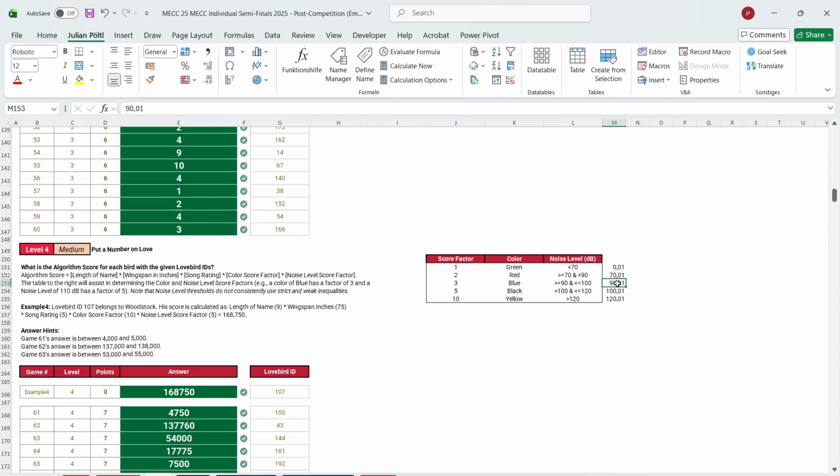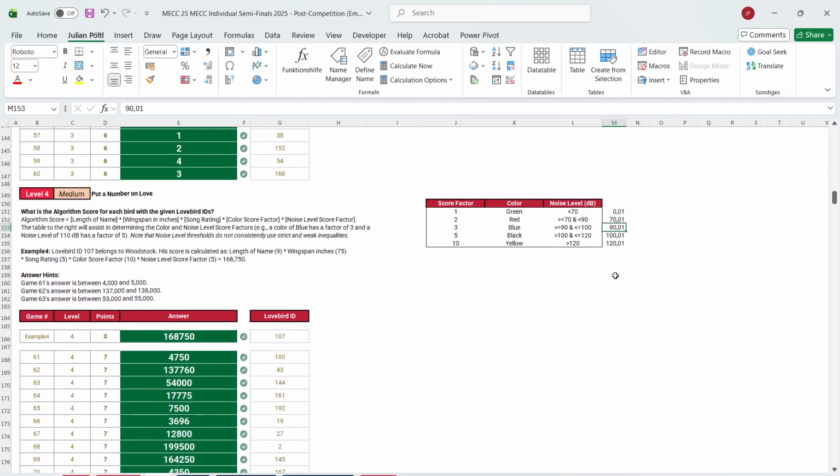When it's 70, it is getting this here, which is wrong. Okay. Exact match or next smaller item.